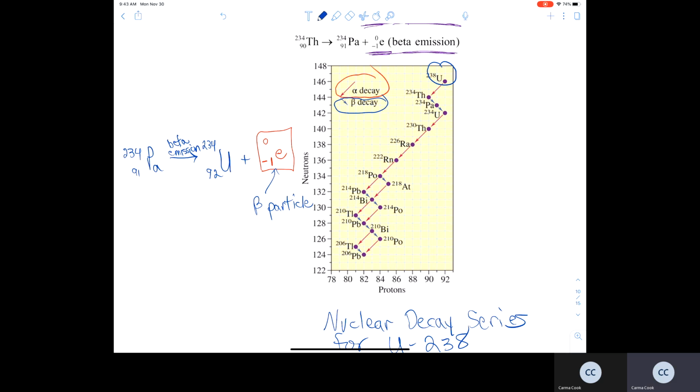So the first thing that happens to the uranium-238, it undergoes alpha decay to produce thorium-234. Thorium-234 undergoes beta decay to produce Pa-234. And then Pa-234, as we showed here in our reaction, undergoes beta decay or beta emission to produce your uranium-234.